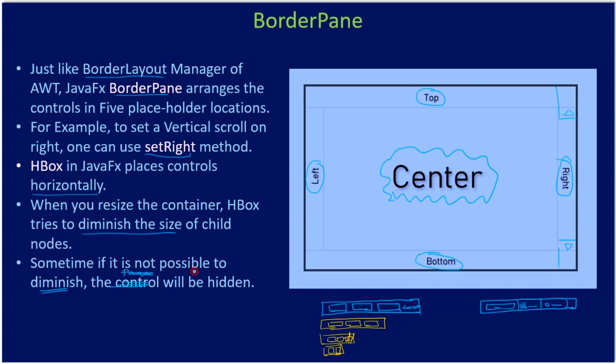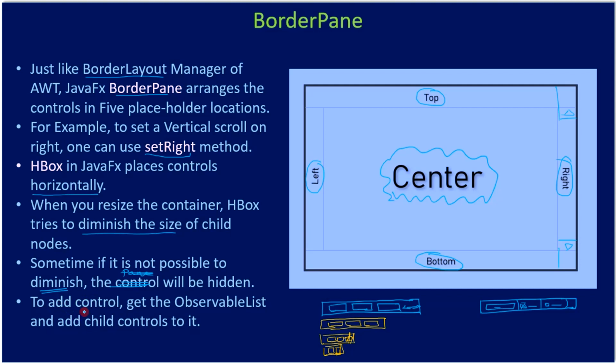If it's not possible for the HBox, for the pane, to diminish the control, then it will hide the control. We will see that when we go to the example.